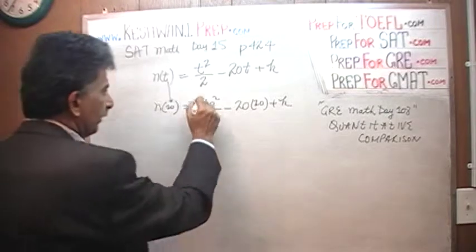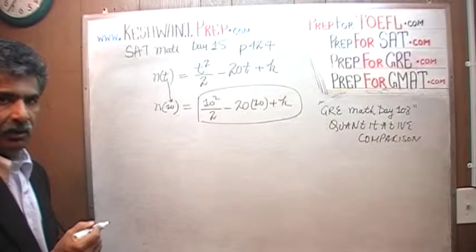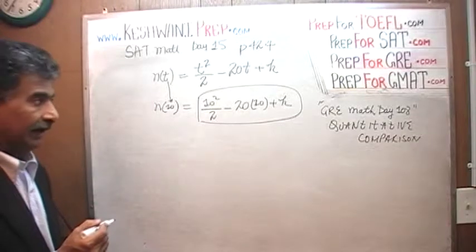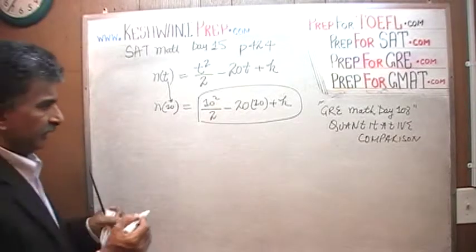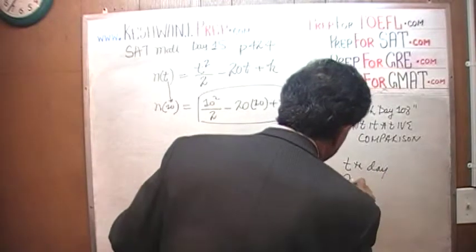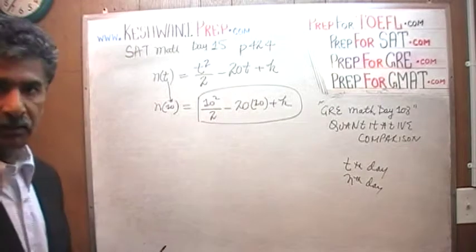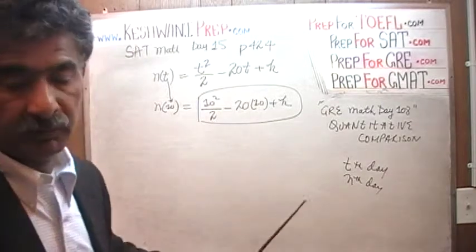Now this quantity, whatever it is, has to be the same as on the x day, or nth day if you like, whatever you want to call it. Here, of course, it would be better to represent the day with the t, because that's what they're using for the variable.